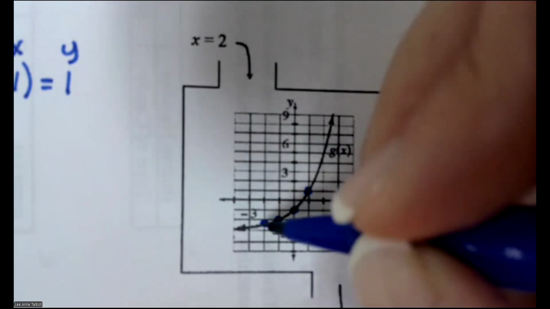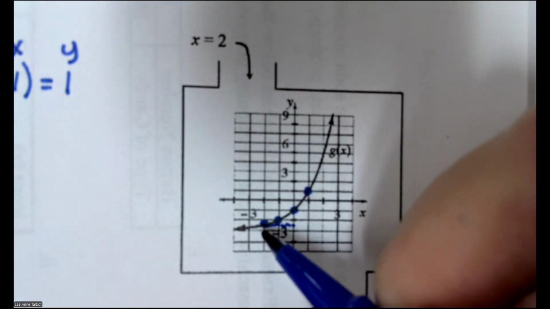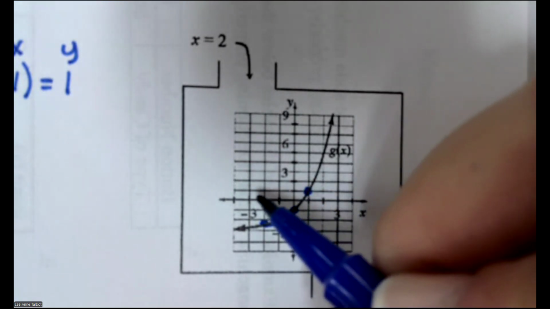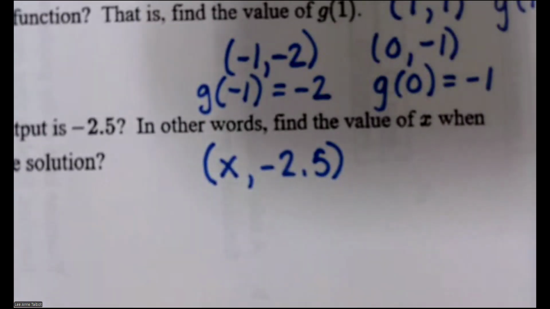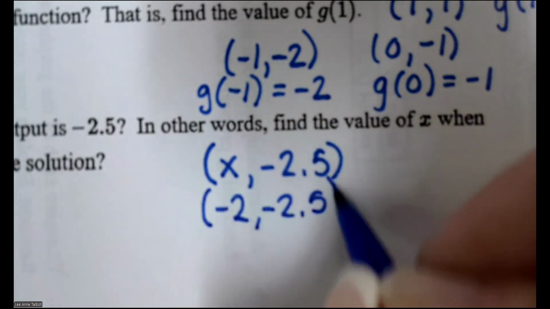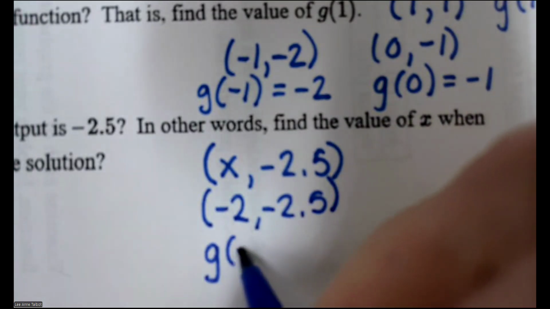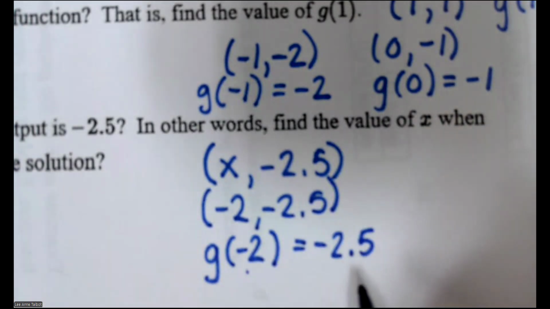Right here. You guys think it's right there? Okay, so that would be negative 2, negative 2.5. So g of negative 2 is negative 2.5. x, y.